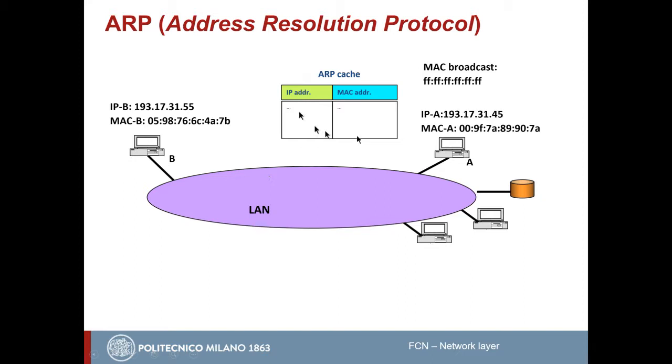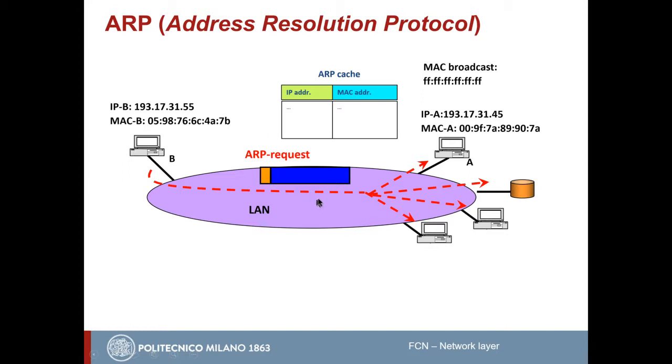So here we have the ARP cache of the interface of host B, which has its own IP address and its own MAC address. These are configured, so the interface knows this information, and the interface wants to have the MAC address which corresponds to the IP address of A. So the interface sends an ARP request that is sent in broadcast to all the interfaces that are connected to the network and are active.